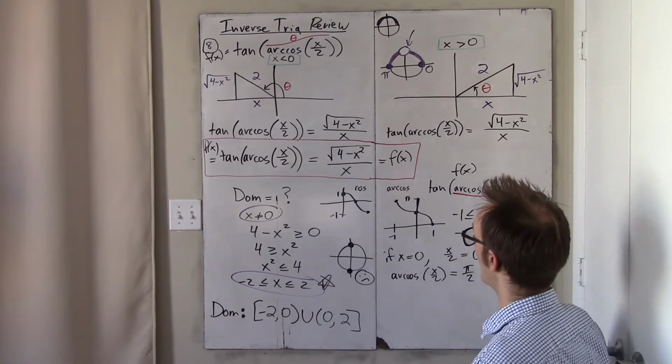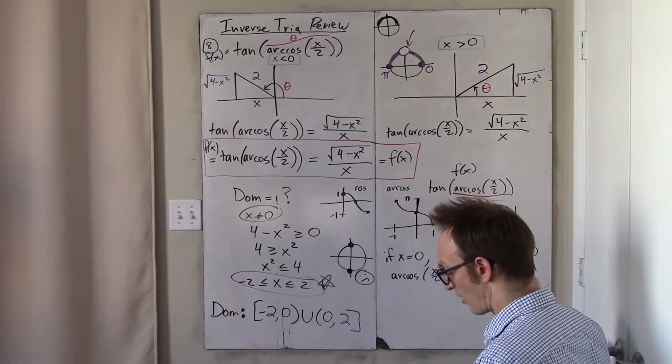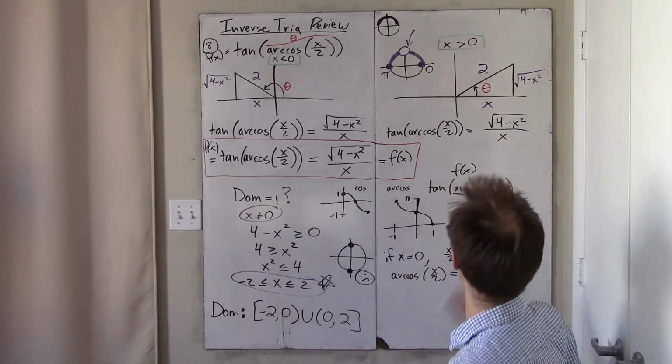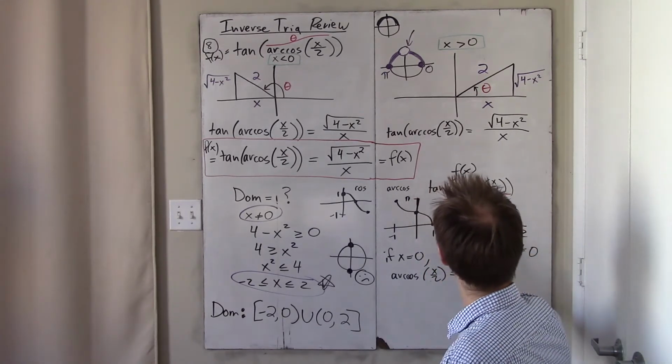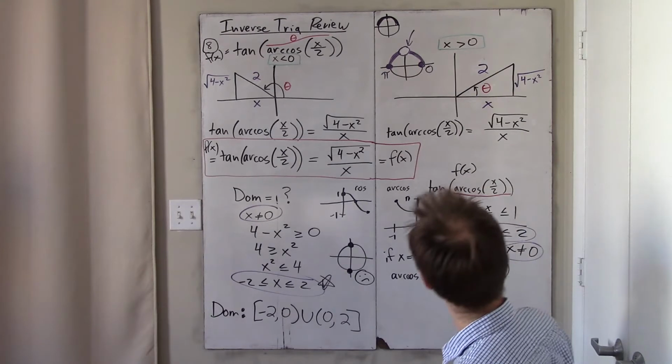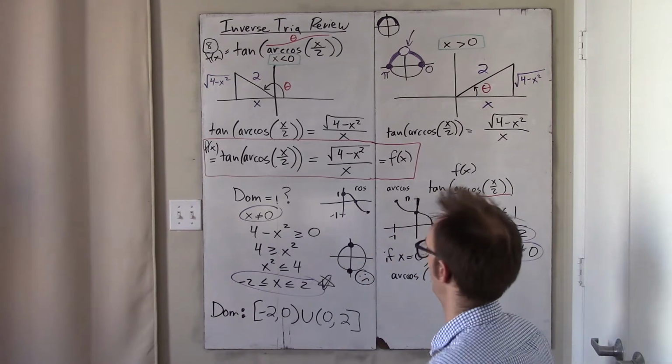So that is why x can't be 0. And so using my knowledge of tan and arc cosine, I have determined once again that x has to be between -2 and 2, and also that x can't be 0.